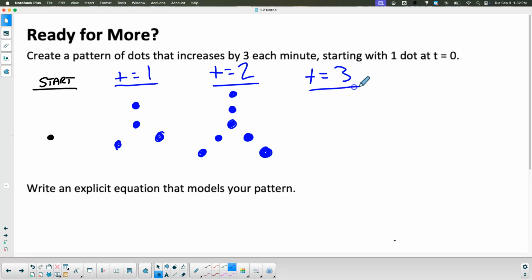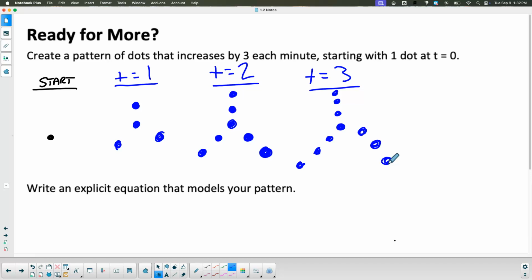Give me one more. Anybody have a different pattern? Or did everybody do like the 3-pronged approach like this? Anybody else have a different pattern? Okay.